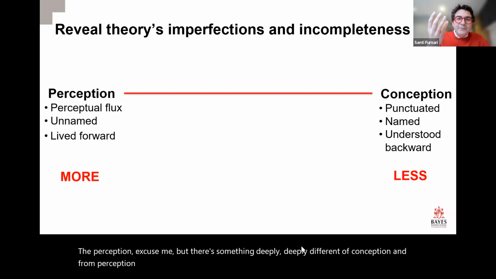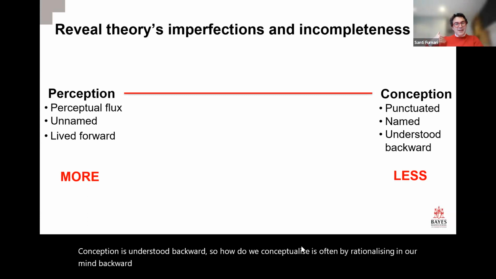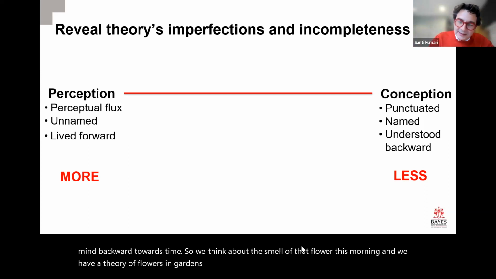First of all, conception is understood backward. We conceptualize often by rationalizing in our mind backward through time. We think about the smell of that flower this morning, and we have a theory of flowers in gardens in England, or whatever, I'm just making this up.